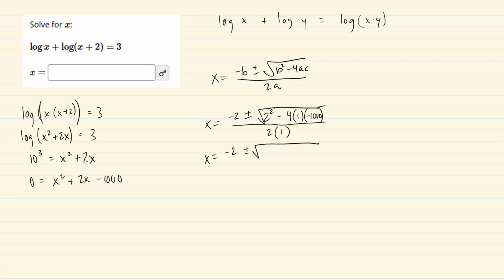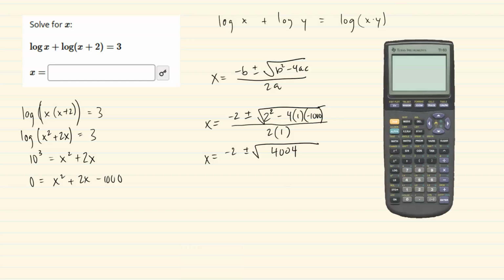And 2 squared is 4, so that ends up being 4 plus 4,000, or 4,004. We're going to need a calculator to handle this, and we're going to divide this by 2 times 1, which is 2.